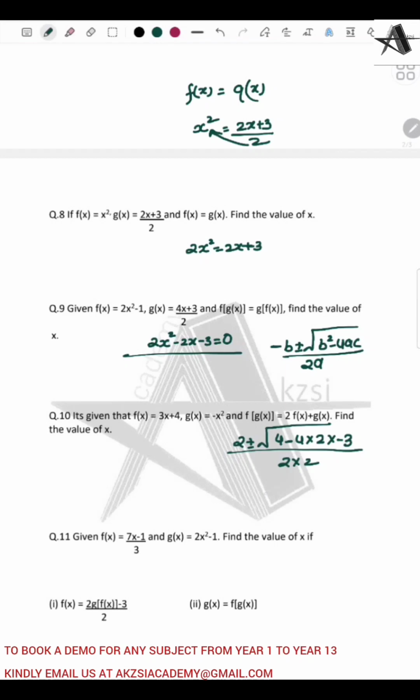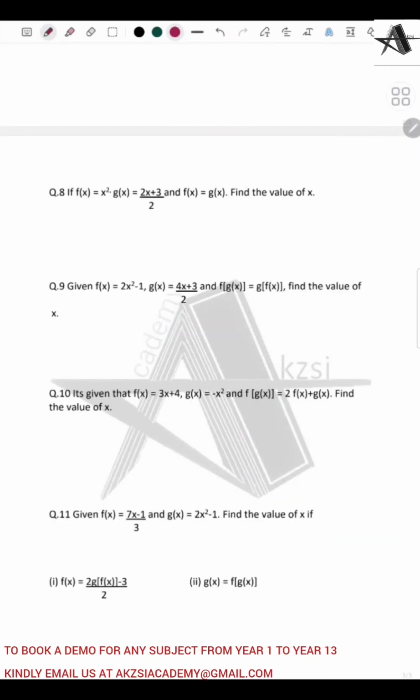Then this is plus. So 8 times 3, 24. This is root of 28. This can be written as 2 root 7 over 4. So the final answer will be x1 is 1 plus root 7 over 2 and x2 is 1 minus root 7 over 2.